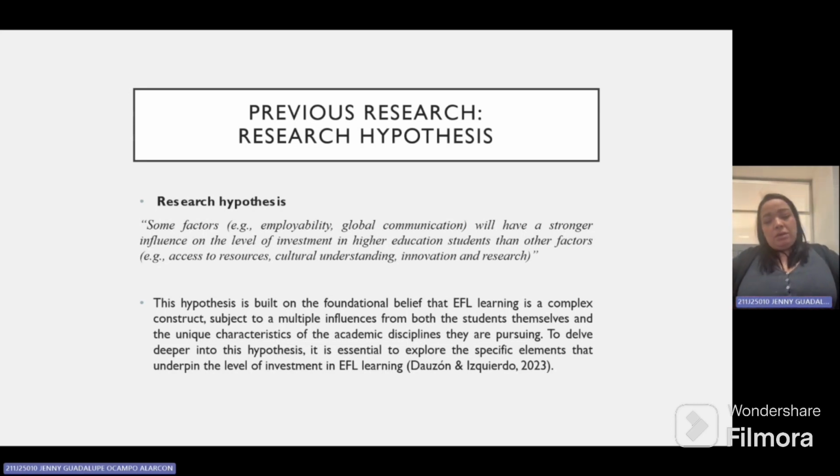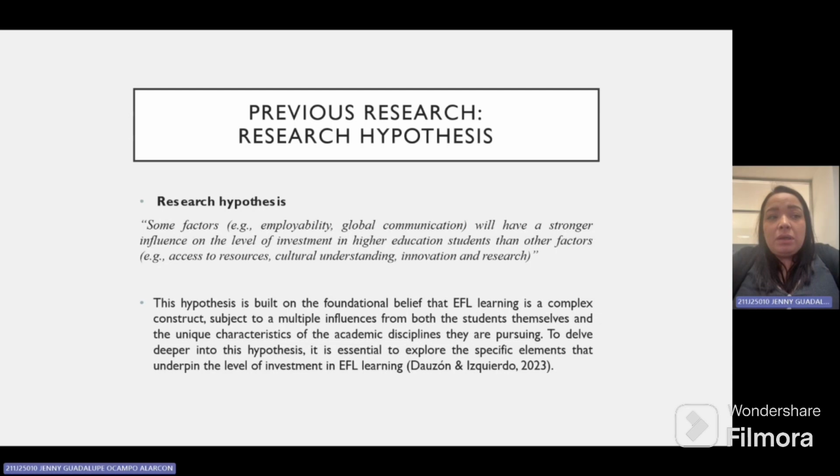We can see that this is a non-directional hypothesis, because the factors that we think are stronger can turn out to not be that strong. But this hypothesis is built on the foundation that English learning is a complex construct, that it has multiple influences and multiple different approaches or focuses.